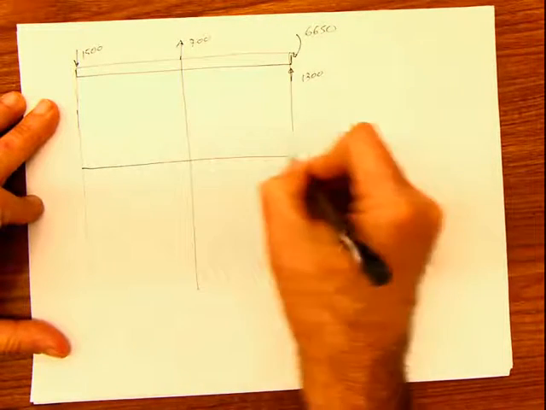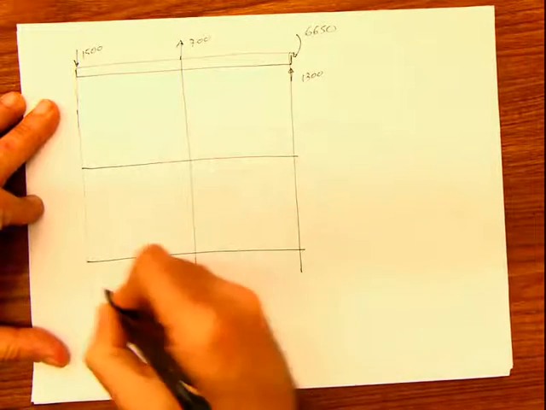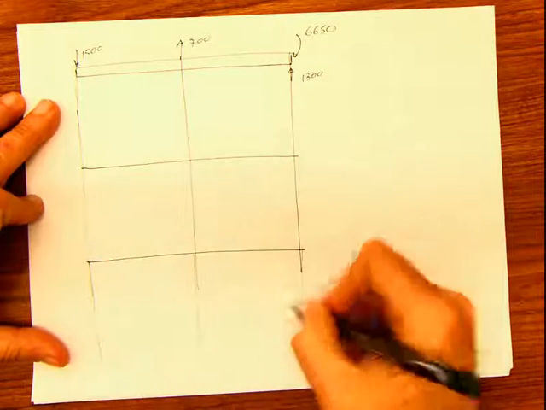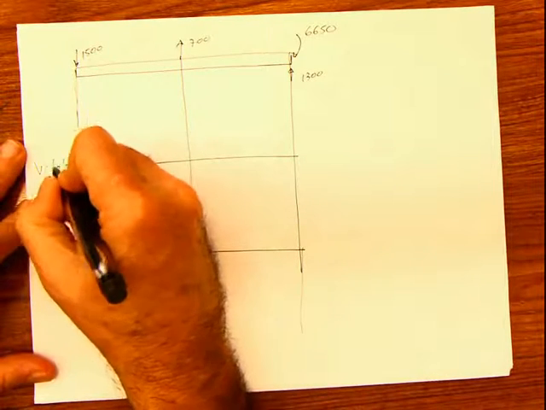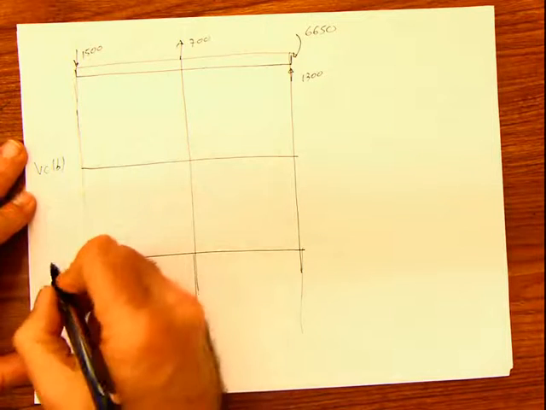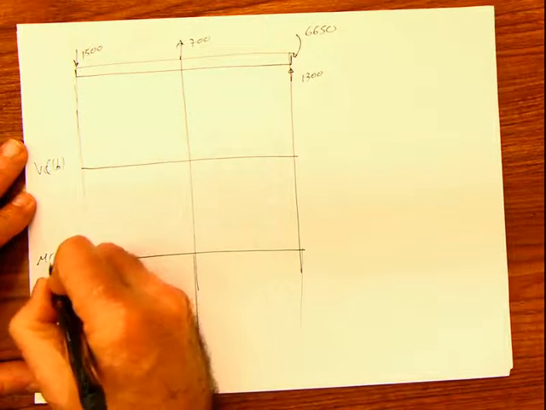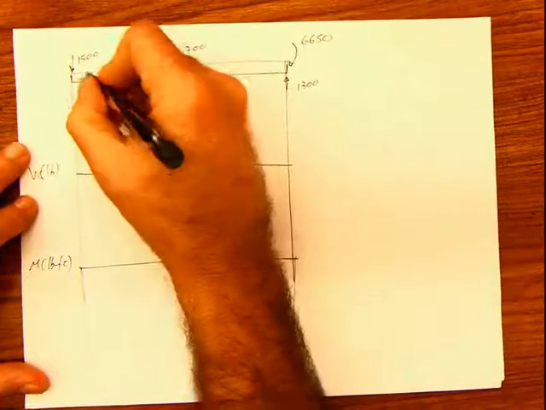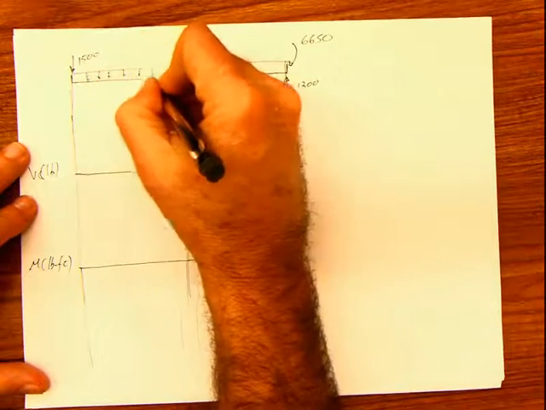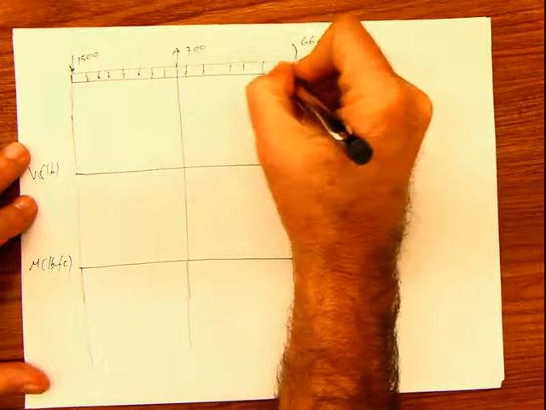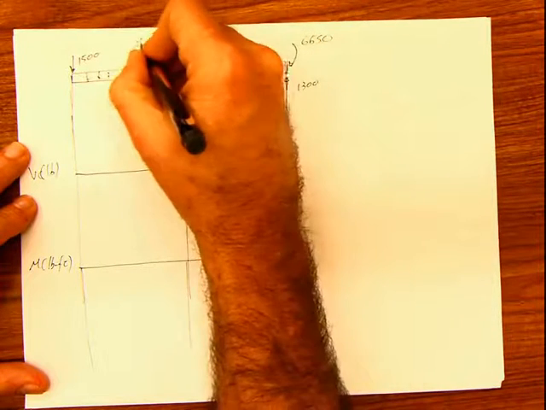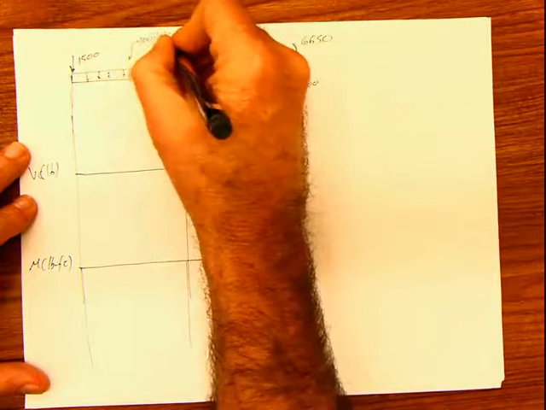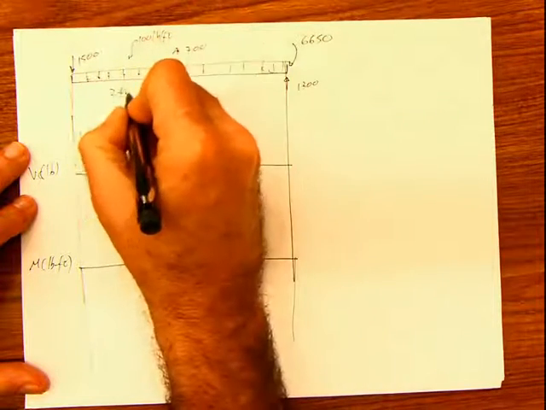Then you have these, and then you have that. Member shear, pound, and moment, pound per foot. Distributed load of 100 pounds per foot, and this is 2 feet and 3 feet.